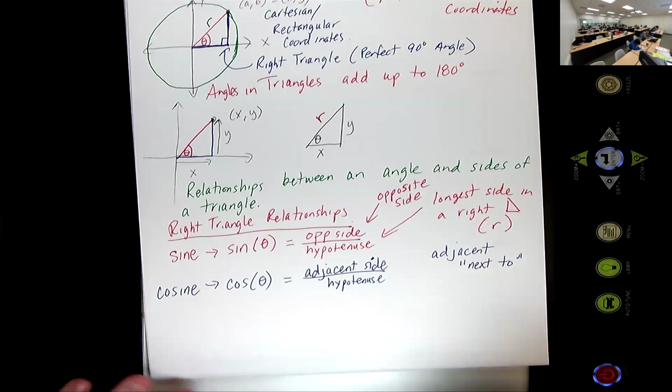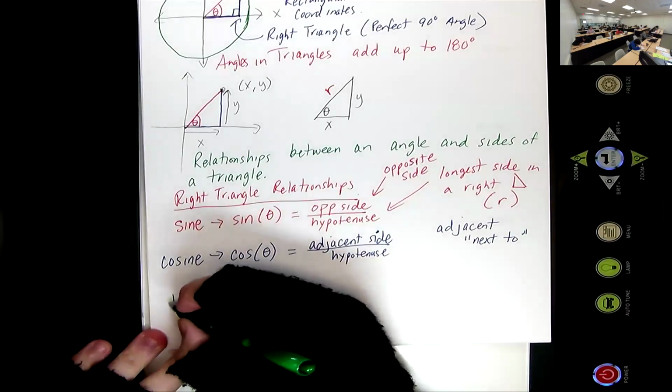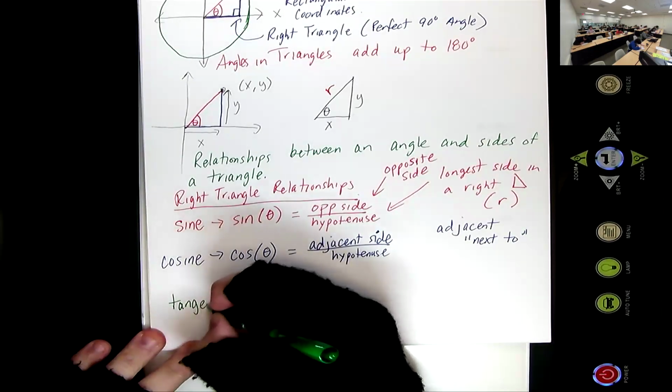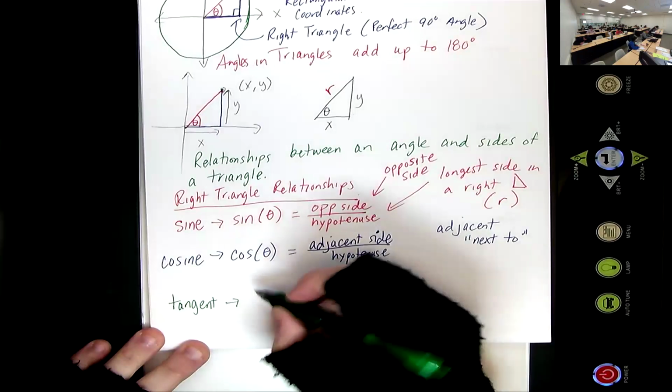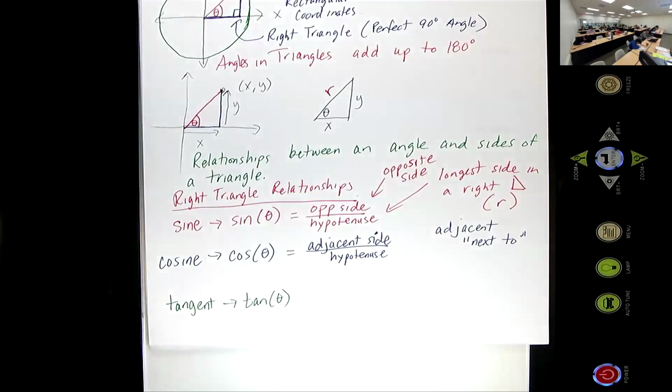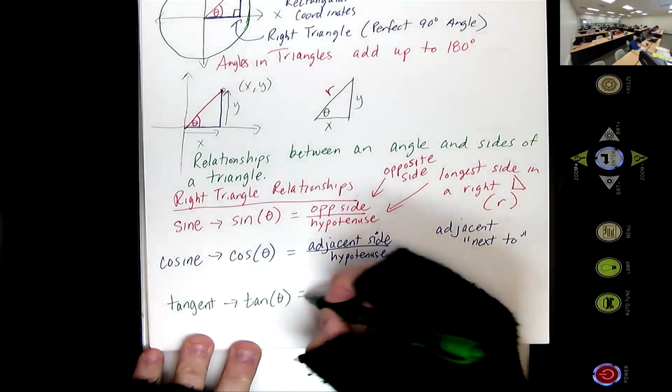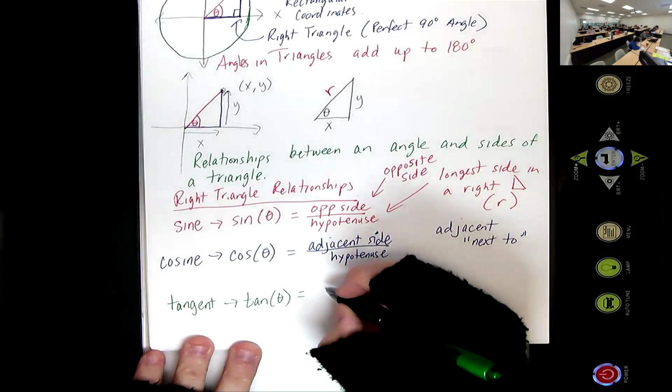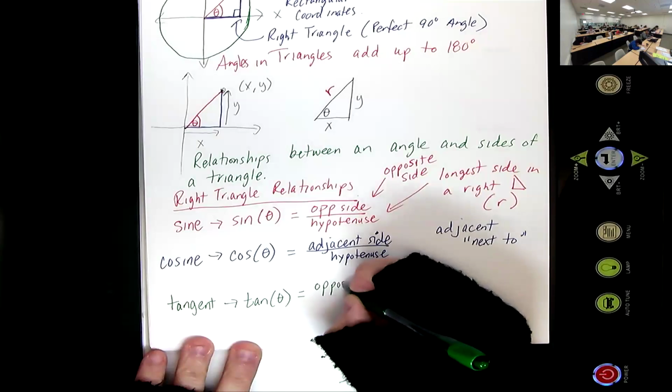And finally, of the top main three, we have tangent, abbreviated tan theta. And it is opposite over adjacent.